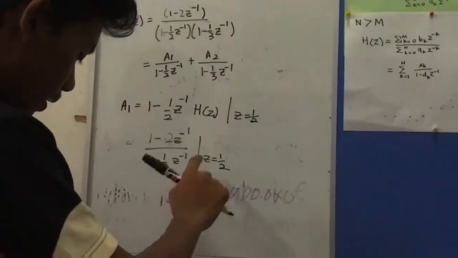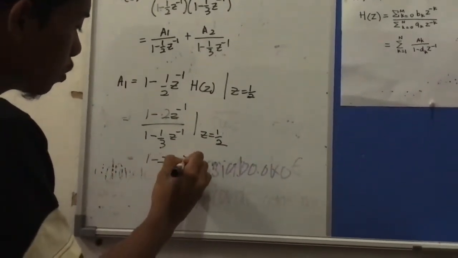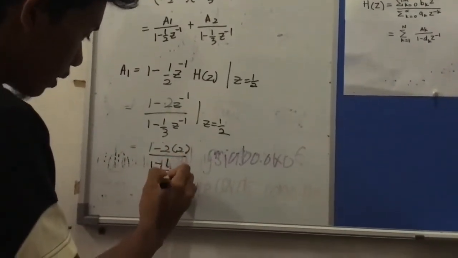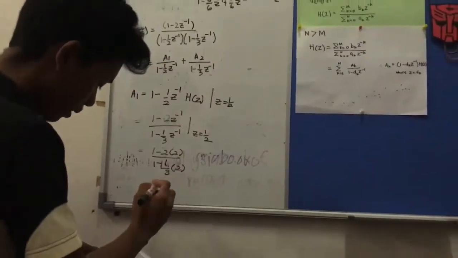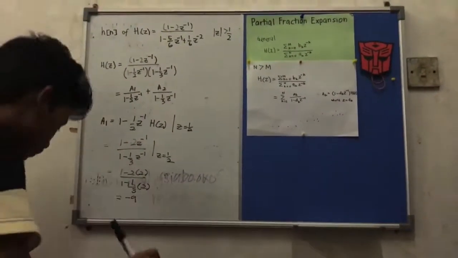After that, we solve, we get (1 minus 2 times 2) over (1 minus 1/3 times 2). So the final answer is negative 9. So for A1, we get negative 9.